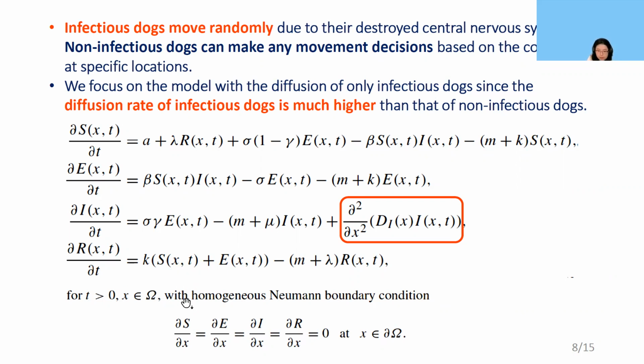For the numerical simulation, we consider a one-dimensional spatial domain with homogeneous Neumann boundary conditions. So the spatial heterogeneity is totally reflected in the diffusion rate of infectious dogs.